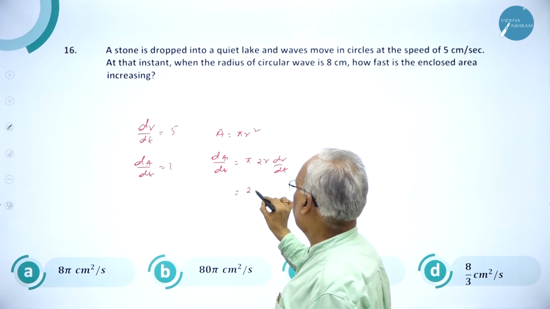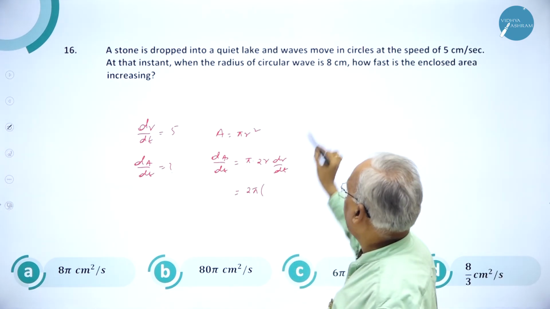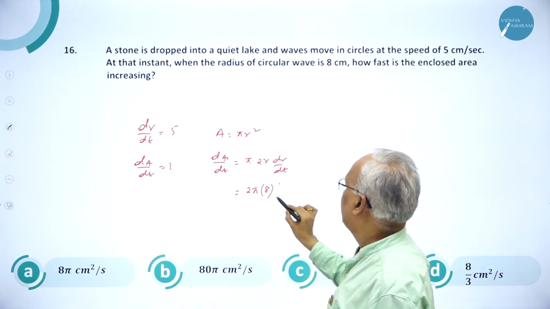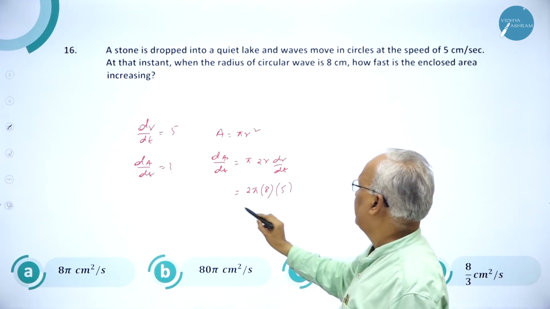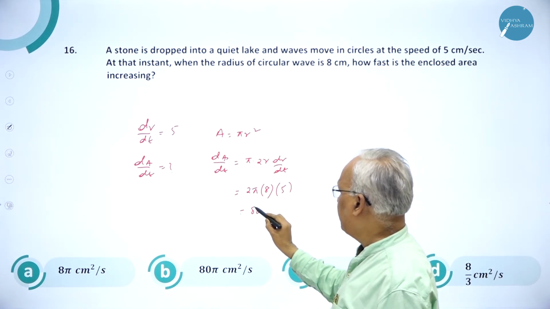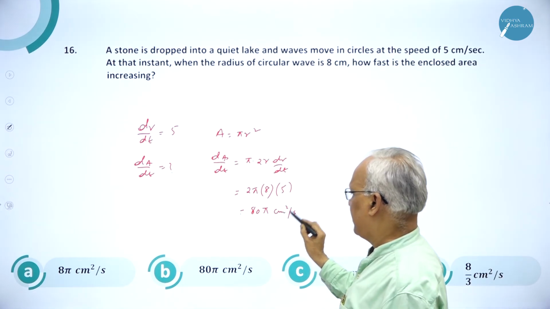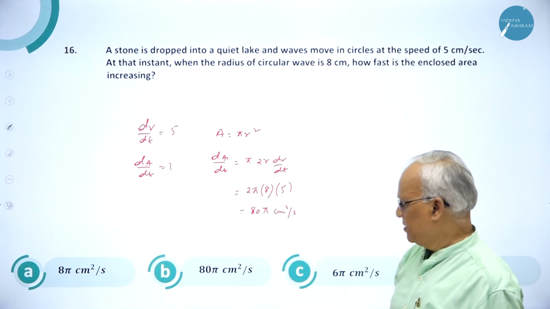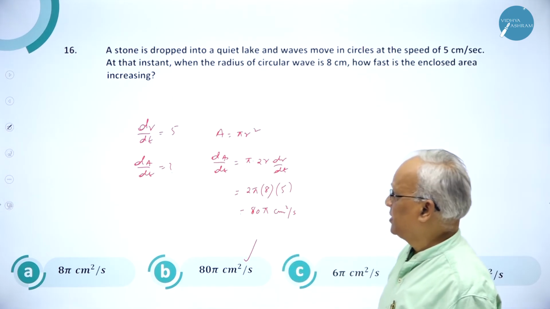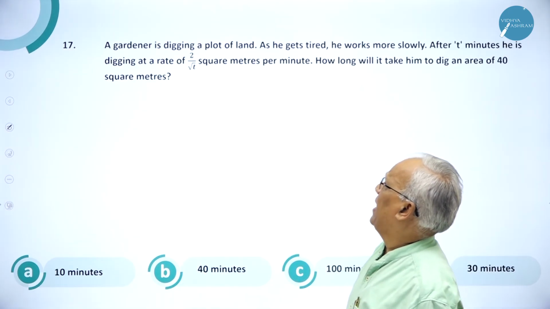Now 2 into pi into r, when radius is 8 centimeters, is 16 pi, and dr by dt is 5, so it is 80 pi square centimeter per second. So the answer is B.